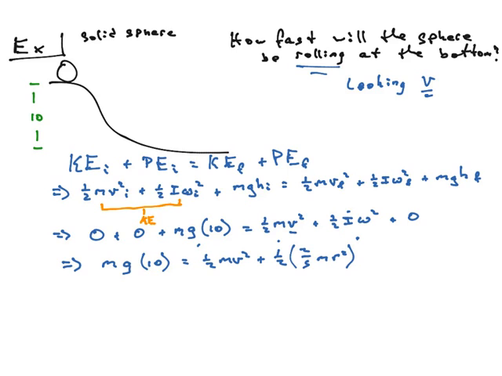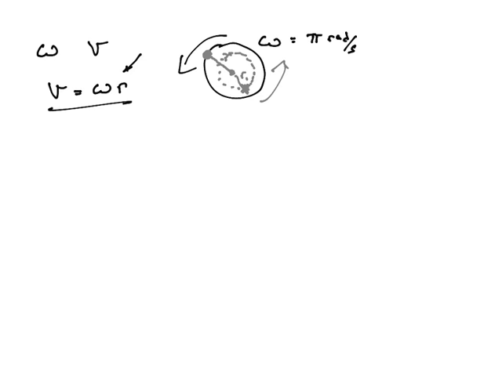All right, what about the omega? I could do the same for omega. On this screen, I said, here's a relationship which tells you how to go between v and omega. Omega is v over r from that equation.